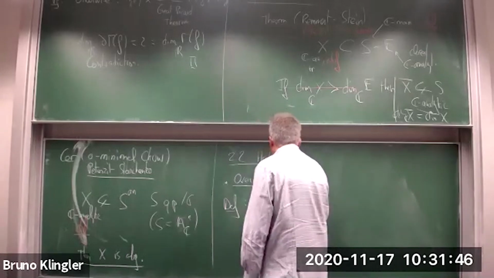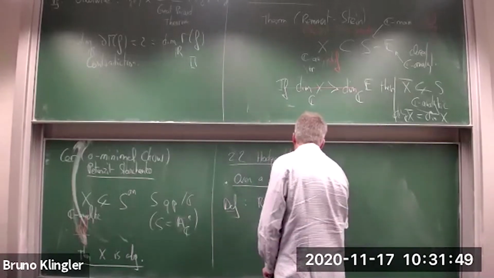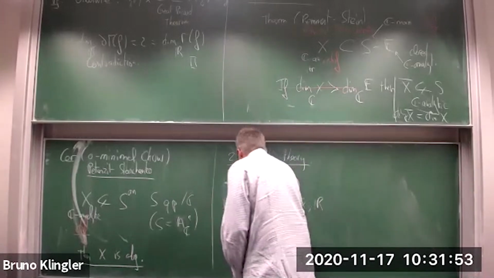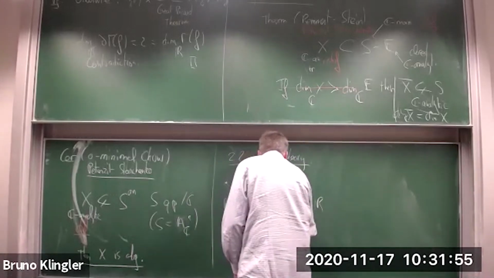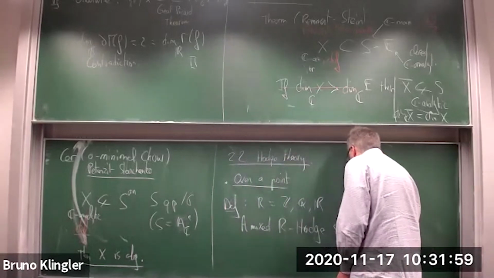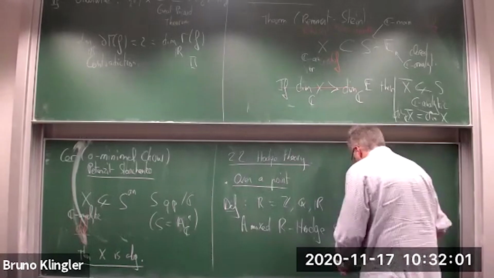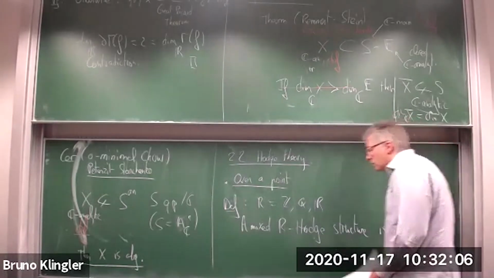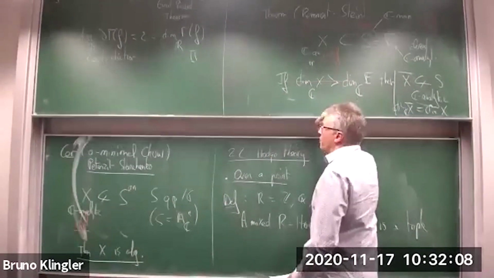So you fix a ring, let's say Z, or you fix Q, or R, and then what is the mixed R Hodge structure? So this is a triple. What is this triple?